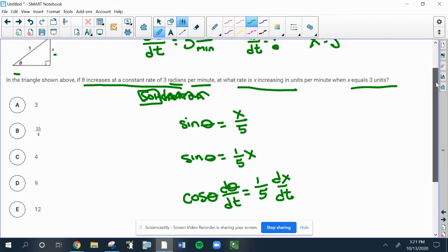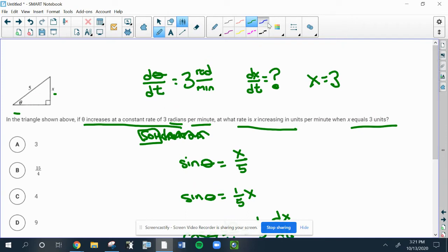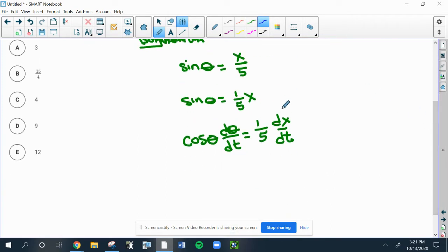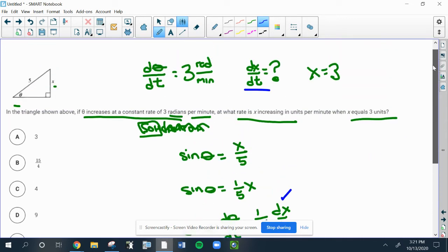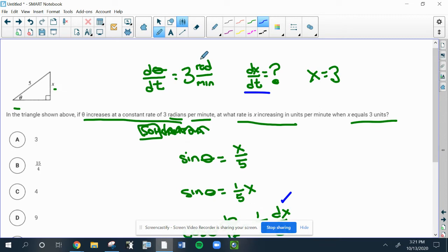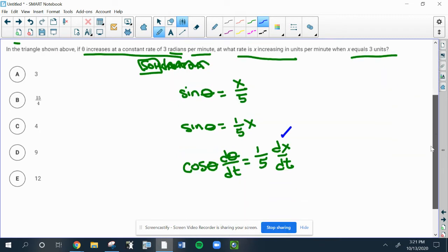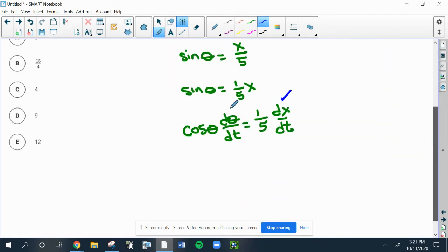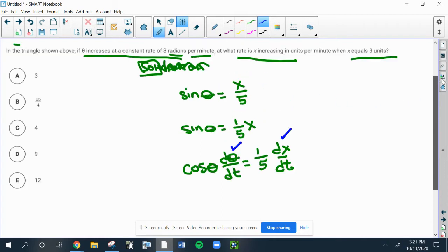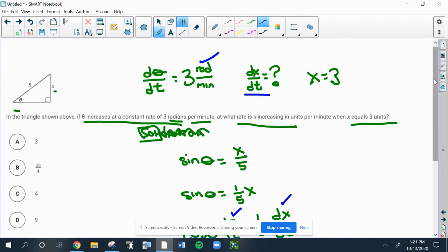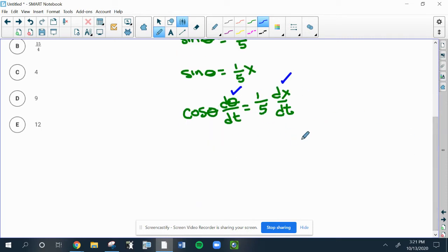Let's see what we got. We're looking for dx dt. So we don't need to fill that blank in. We have d theta dt. It's 3. We don't need x, even though it's given, but that's not within our equation.